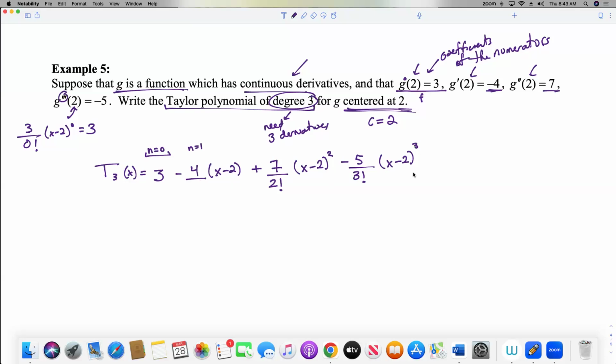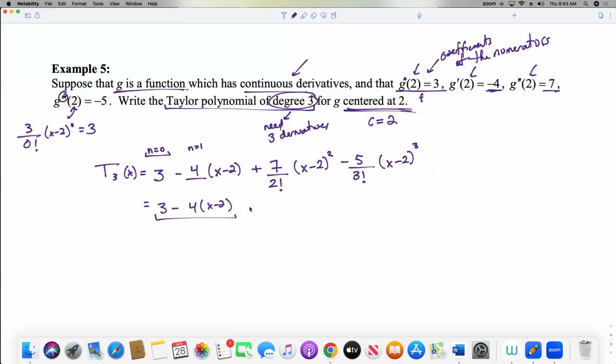Now, do I need to clean this up? Not really, okay? Unless you have to solve it without a calculator for some value. You might want to clean up 2 factorial. So 3 minus 4 times x minus 2. So that right there is our Taylor approximation, our linear approximation, right?